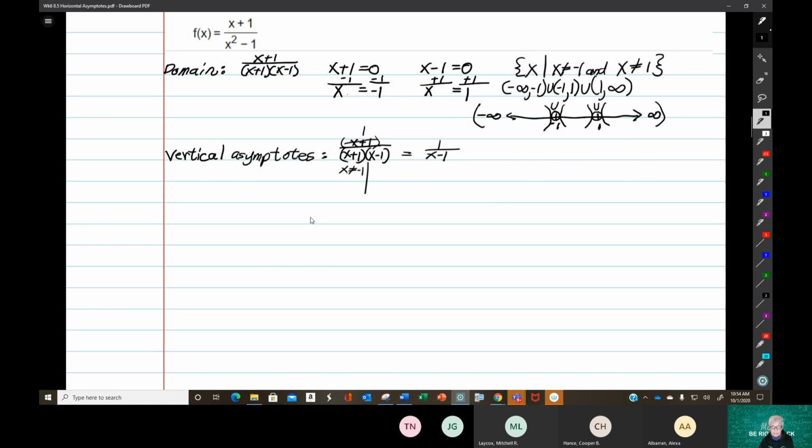Okay? Now, there's no way that you are going to get rid of this denominator. No more cancellation. You're stuck with it. If x minus 1 equals 0, you are in deep trouble. Especially if you work at a power plant, because something's going to be exploding. That's really true.